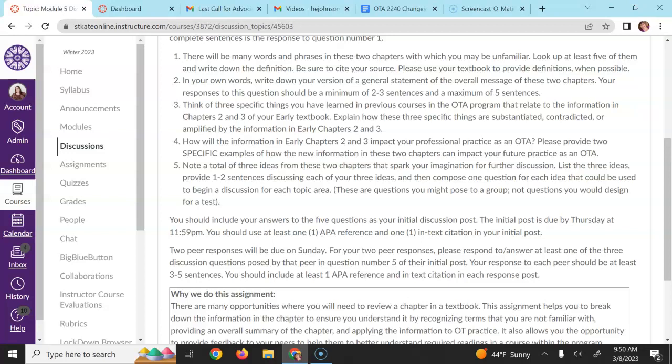And then for your initial post, it says here you should include your answers to the 5 questions that I just went over. That's due by Thursday. And then your 2 responses are going to be due by Sunday. Make sure you do your APA referencing and your in-text citations. That is important in both your initial post and your 2 responses.